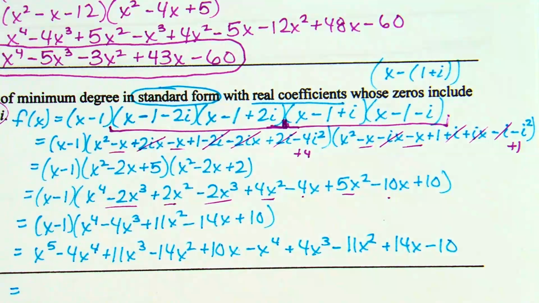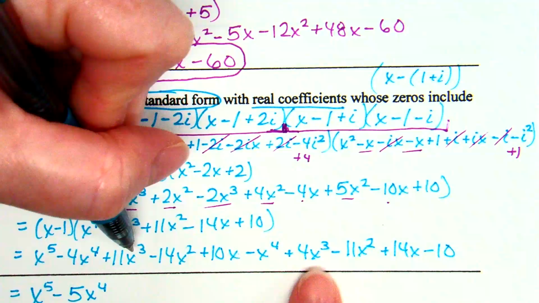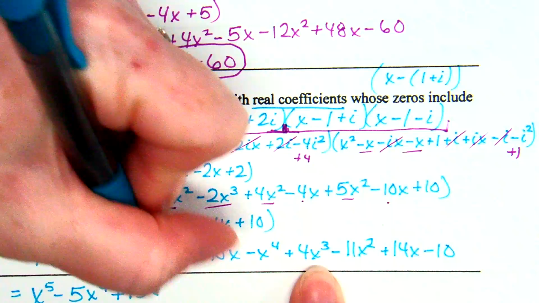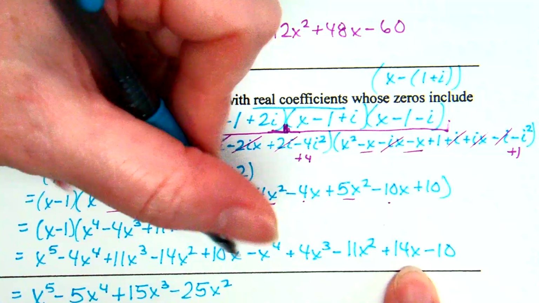Okay, x to the 5th, got that. Minus 4x to the 4th minus x to the 4th, so minus 5x to the 4th. 11 and 4, 15x cubed, minus 25x squared, plus 24x minus 10.